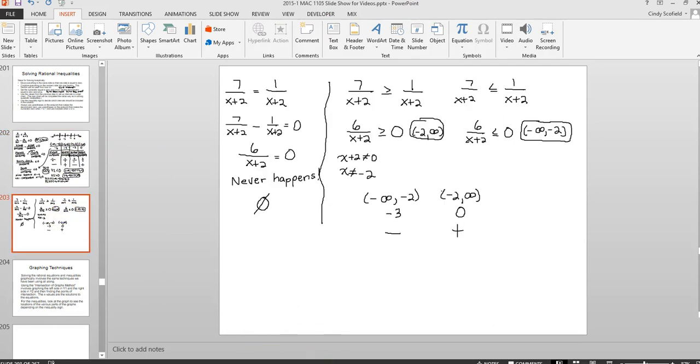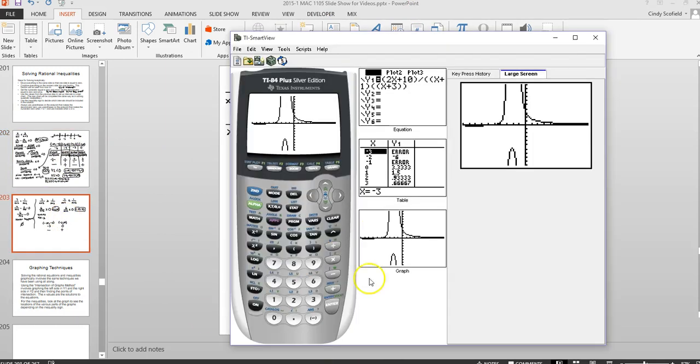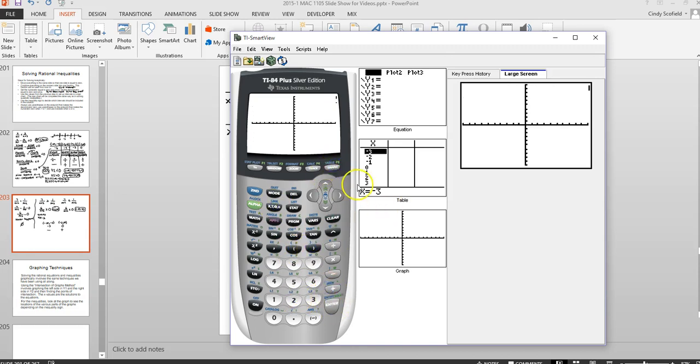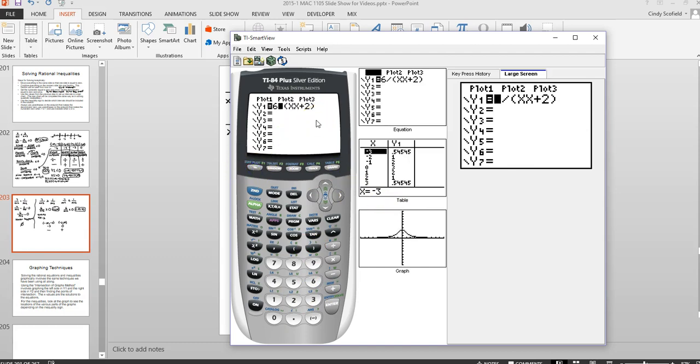And then to this problem, let's see here, 6 over x plus 2. Oops, looks like I mistyped that, sorry. Let's delete that extra x there.